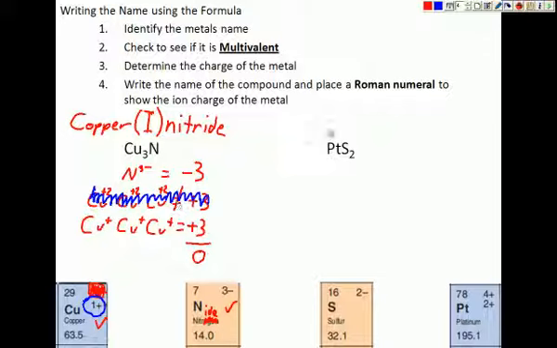Now, for the next one right here, we have PtS2. On our periodic table, we can find Pt, and we can find S, sulfur. Step 1, identify the metal's name. Platinum.